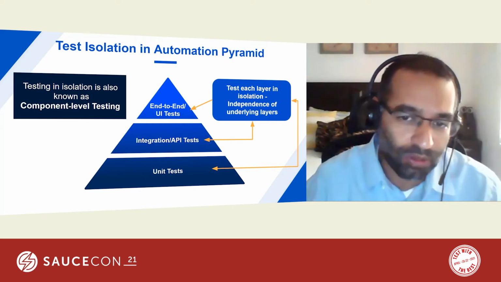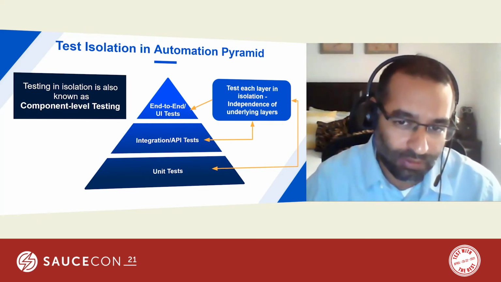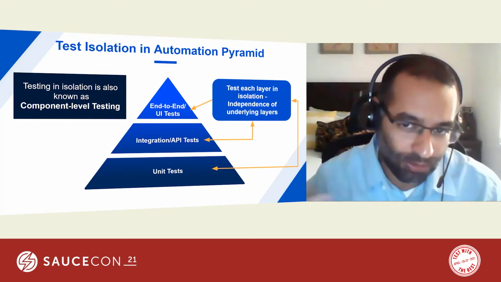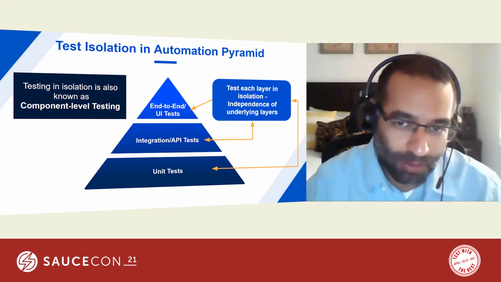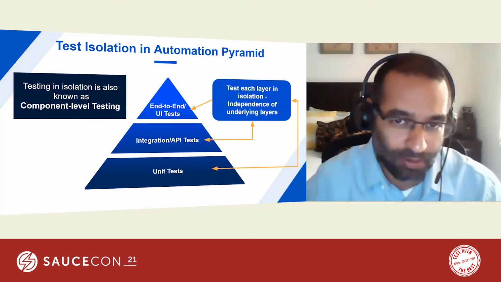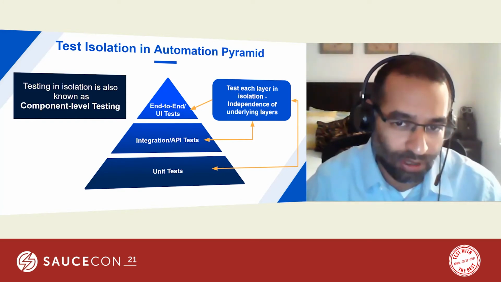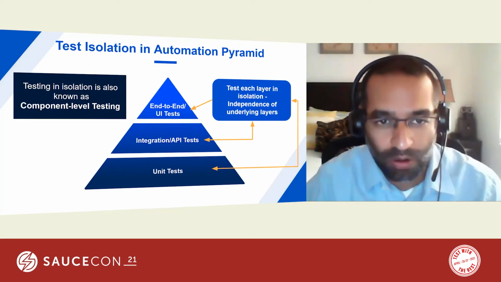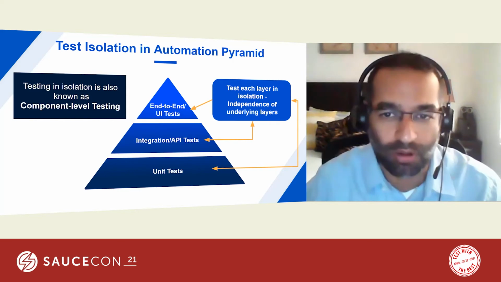So you apply the similar concept of virtualization and mocking to virtualize the database or the APIs. The concept remains the same for each layer or test. It doesn't matter whether it's end to end, API testing or unit testing. You virtualize the underlying dependencies or any dependency on other components.